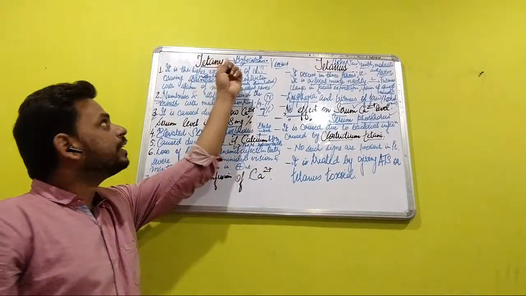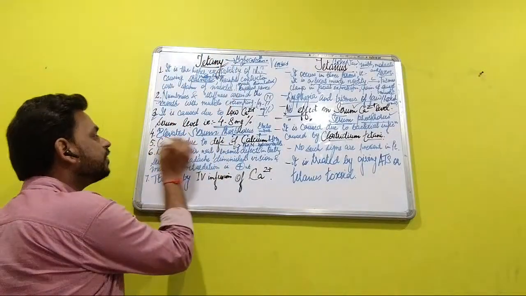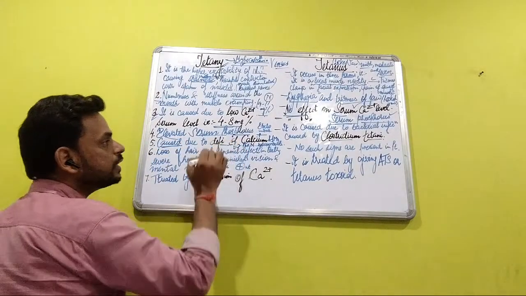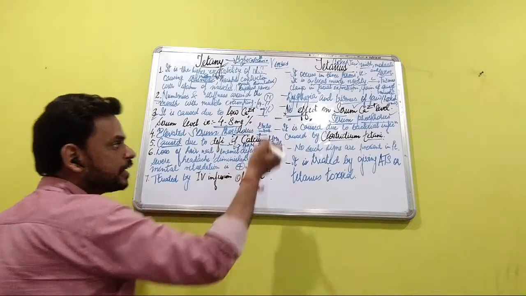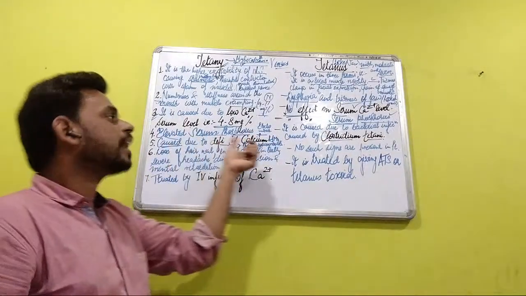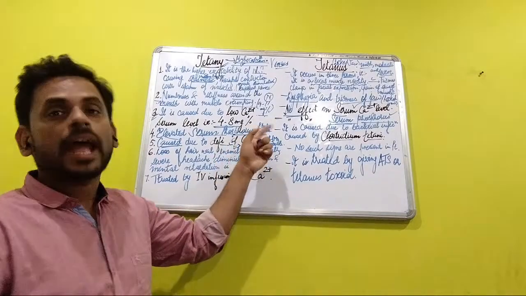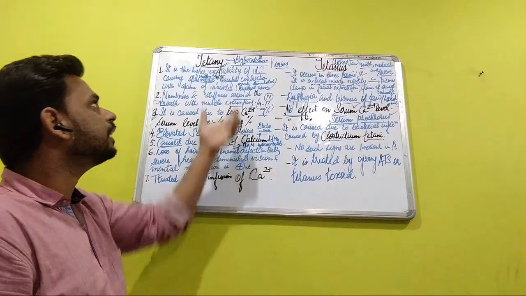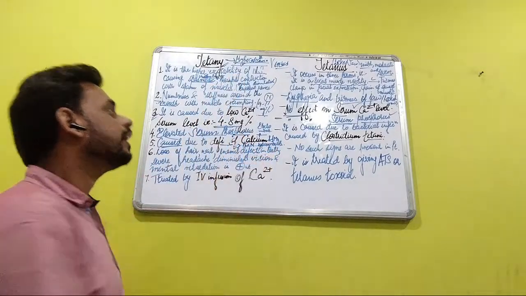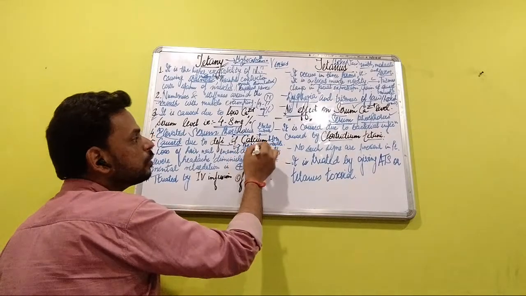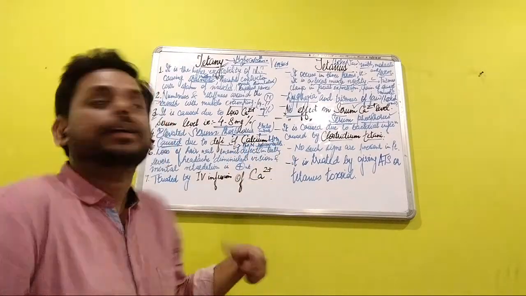Now, when we look at the causative agent, how tetany is caused: it is due to deficiency of calcium and magnesium. This deficiency of calcium and magnesium is actually an electrolyte imbalance, so this hypocalcemia will be there. This is going to ultimately lead to peripheral nerves being hyper irritable.